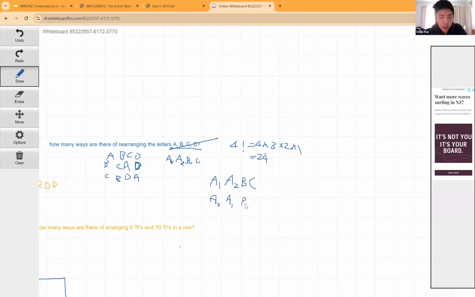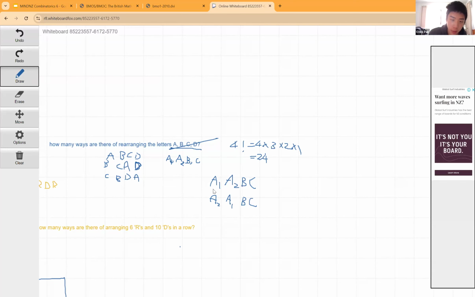If we get rid of the subscripts 1 and 2, since they were never there to begin with, these should be the same sequence, because we shouldn't differentiate between the first A or the second A. They're technically identical. So we overcount by a factor of 2, because we count every permutation as 2 separate permutations when it's really 1.